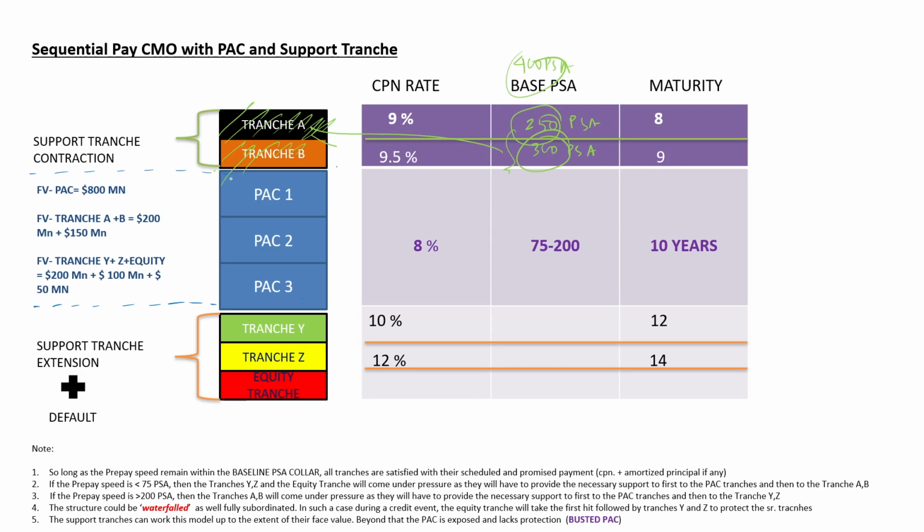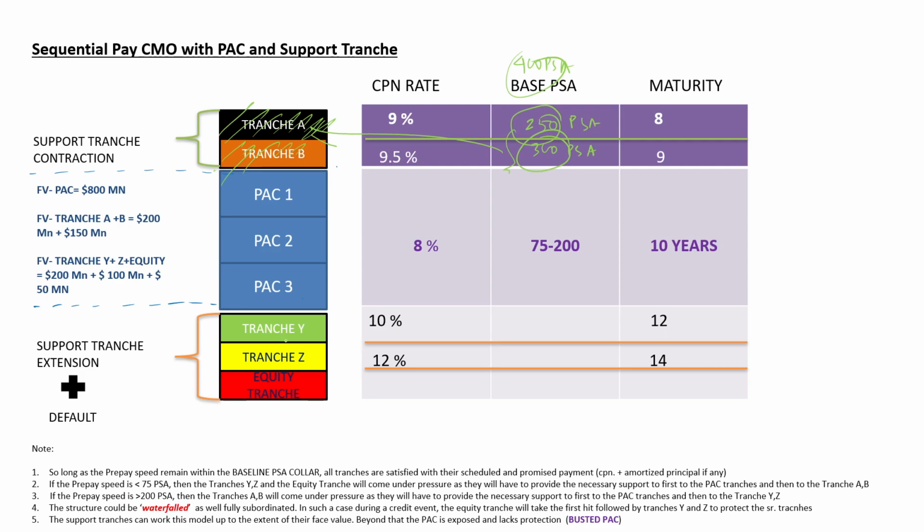However, in that situation as well, these two tranches would have sacrificed themselves and done their job to the extent possible. So this is what tranche A and B are supposed to do against contraction risk.